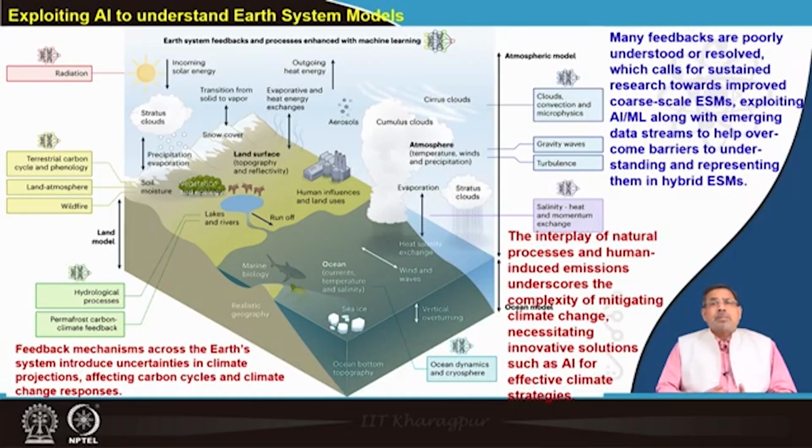We also have different processes that are represented in an Earth system model, such as runoff-based flow. On the other side, the human influences and land use are represented in terms of habitats and cropping or other land use land cover patterns. And the land surface can also be represented in terms of the topography and the surface reflectivity.